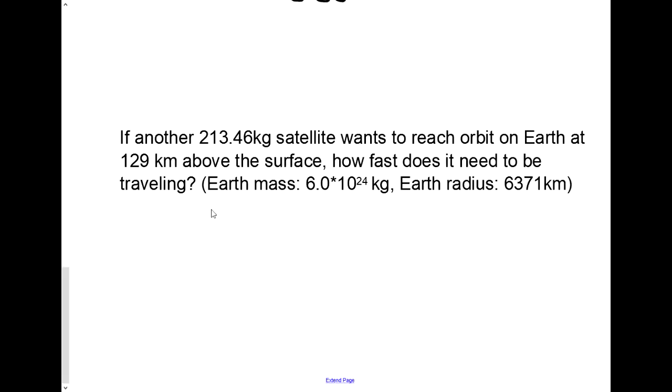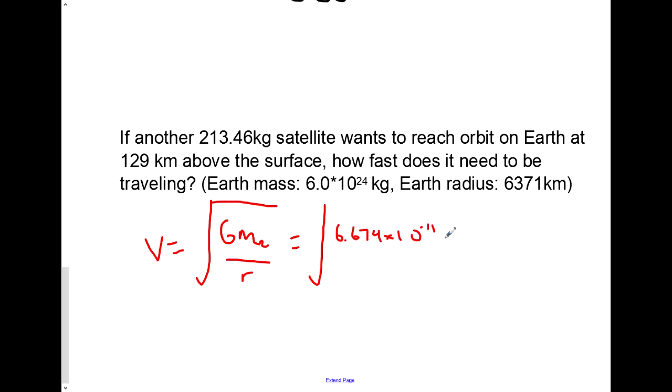Here, we start with writing out our velocity equation. In this case, g is a constant, so it stays the same. m1 is the mass of the Earth, and r is the radius of the Earth plus the distance above the surface, which in this case is 6,500 kilometers, or 6,500,000 meters.